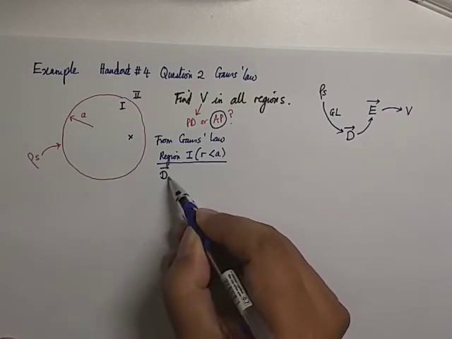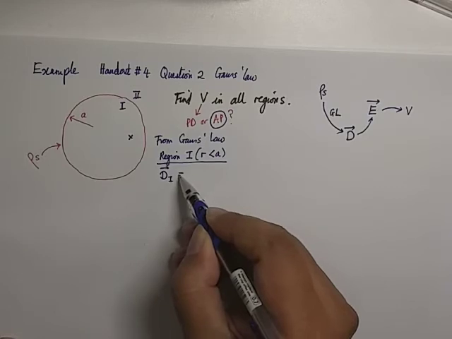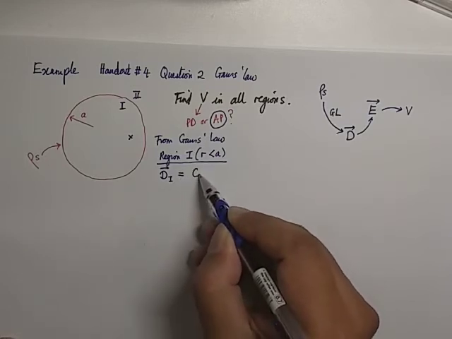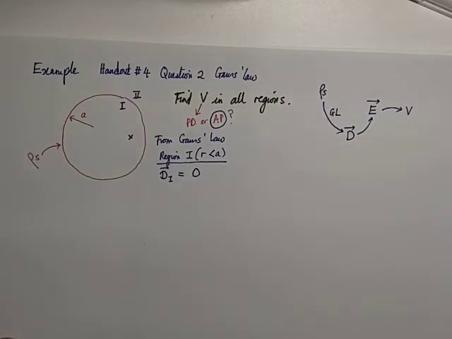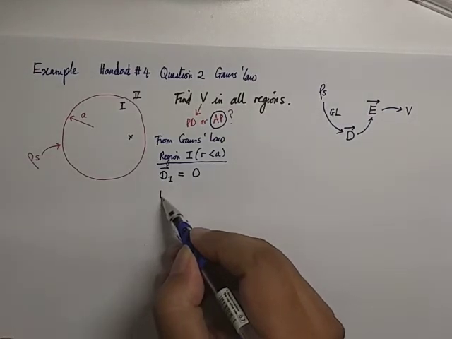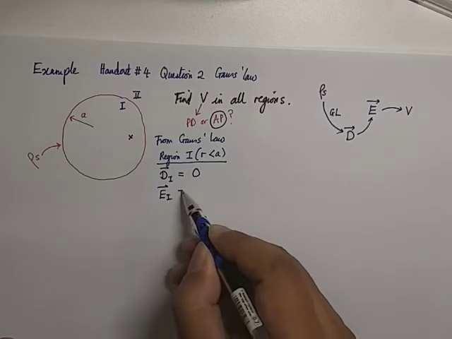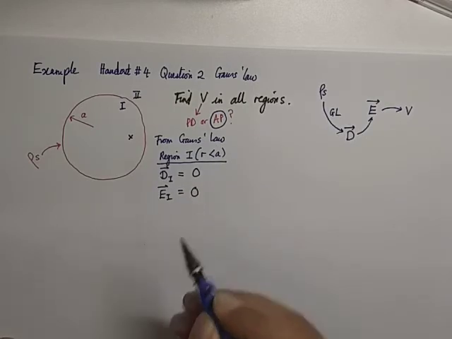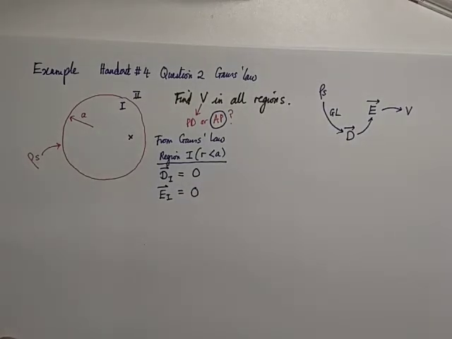Anyone remember the solution to this approach? Yes, it's equal to 0. And then we say that E1 also will be equal to 0, because we know that D is equal to epsilon naught E. So if D is equal to 0, E also will be equal to 0. That's for region number 1.